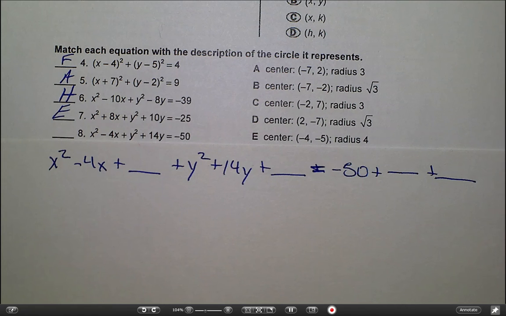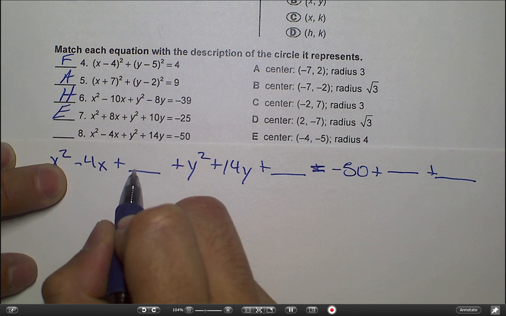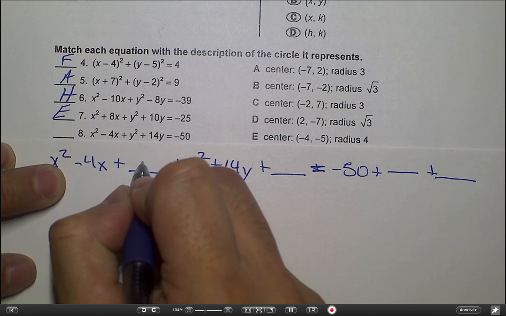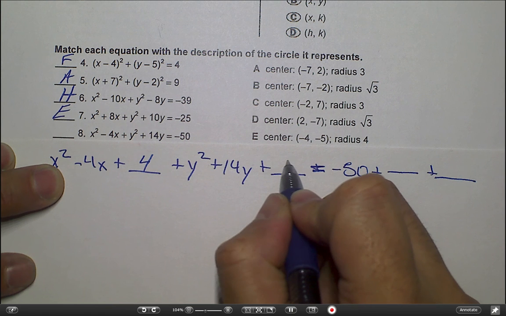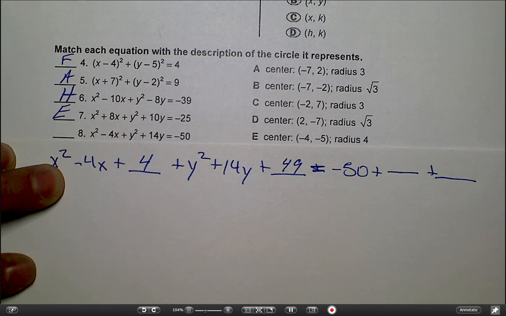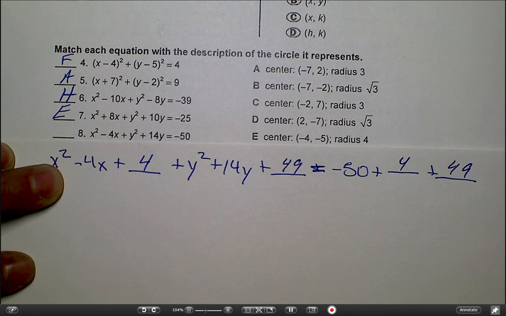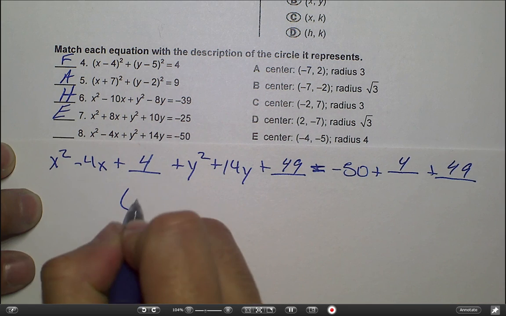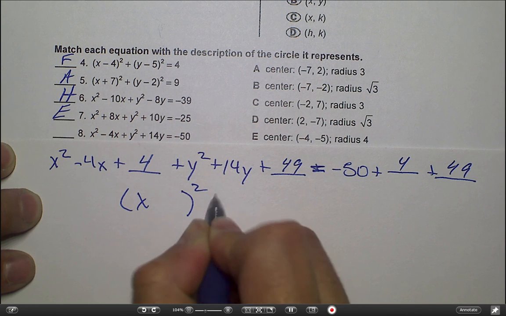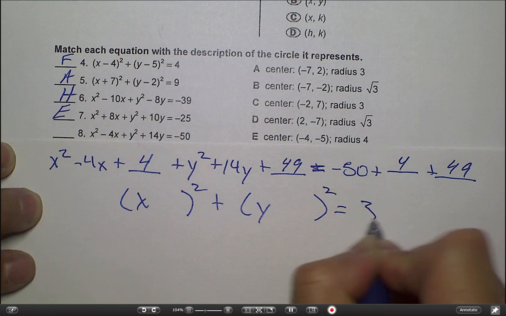All right, so let's see if you guys beat me to the punch. What's this number? Positive 4, right? Okay, what's this number? 49. So 4 and 49 together give me 3, so it's going to be x plus y equals 3.